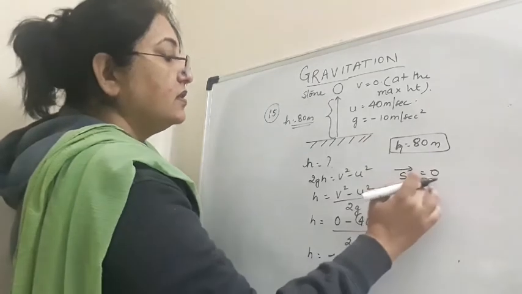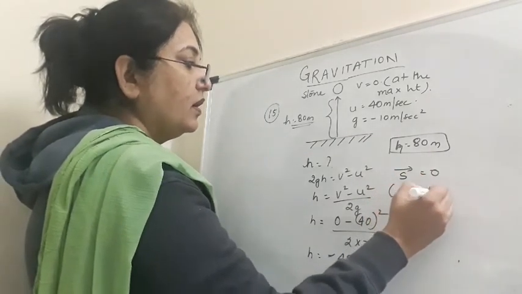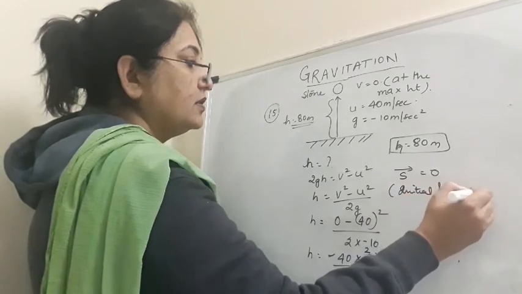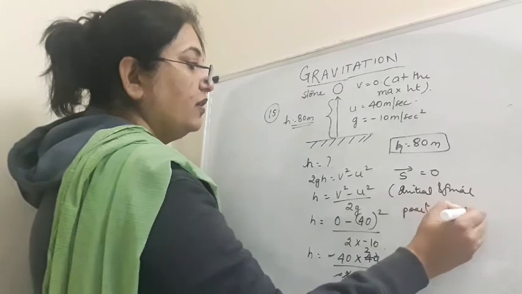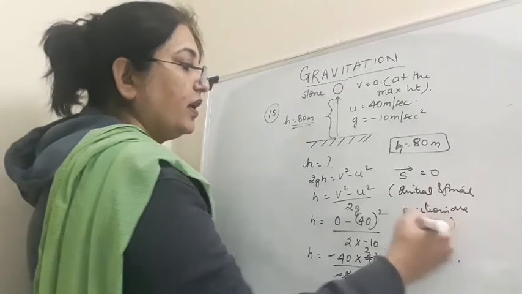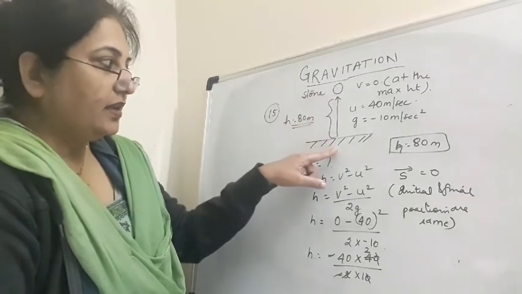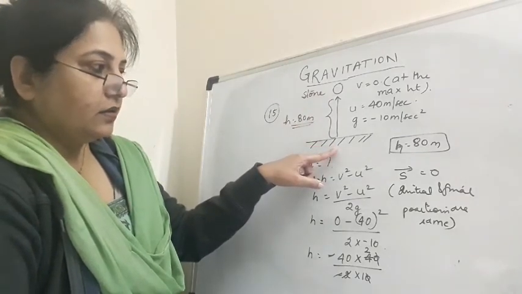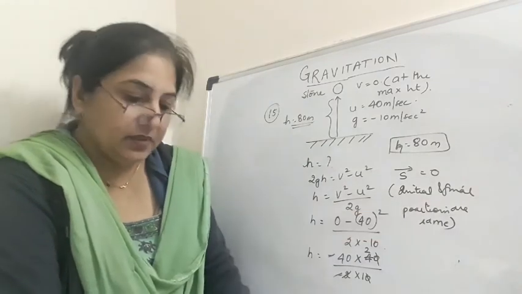So we will write displacement vector is equal to 0 because initial and the final positions are same. Okay, and why same? Because you will write that the stone falls down at the same place from where it is thrown up. Okay, so therefore net displacement is 0.